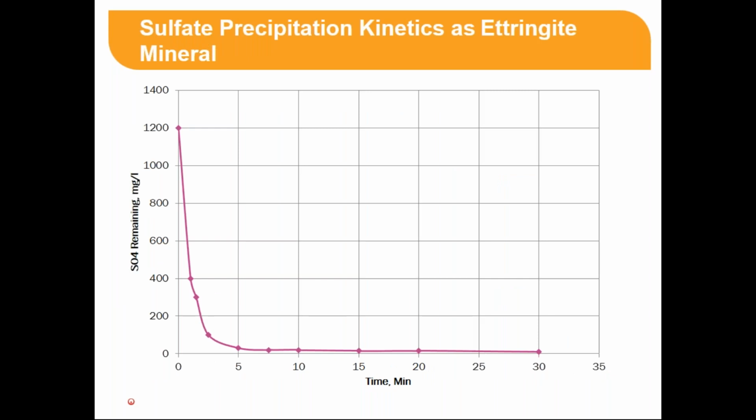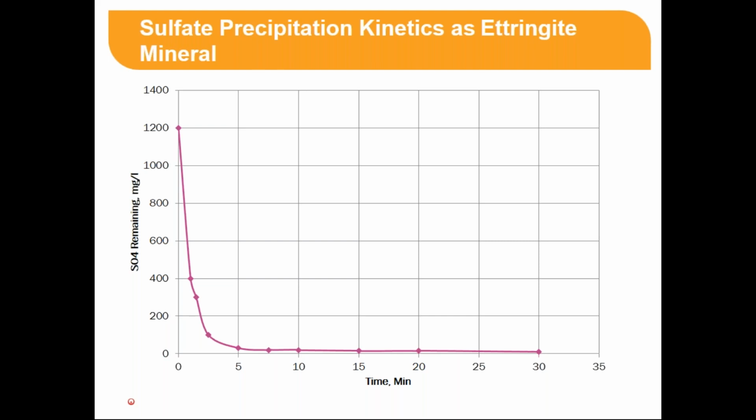So here is the sulfate precipitation kinetics, mainly for the reaction time. Within 15 minutes in our advanced precipitation process, we were able to reduce the sulfates from 1200 milligram per liter down to less than 200 milligram per liter.